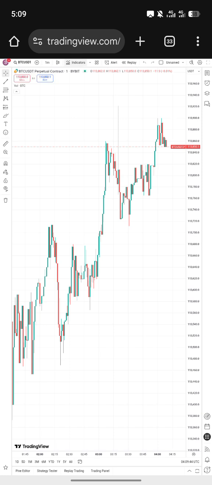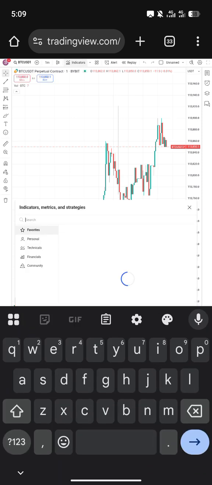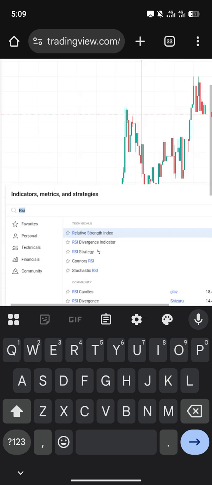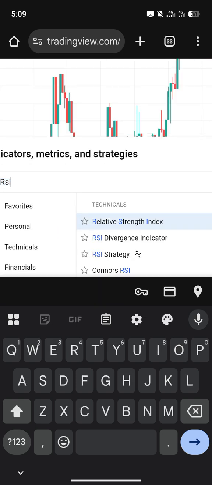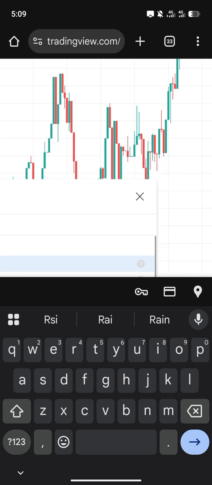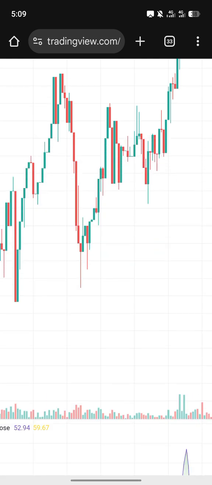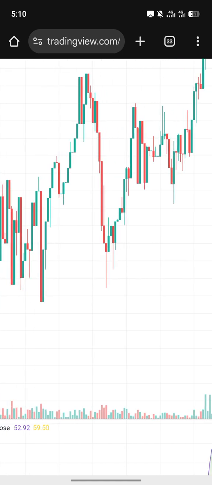So you come to indicators. You have your RSI. I told you what the RSI is all about. It helps you to know your overbought and oversold region.